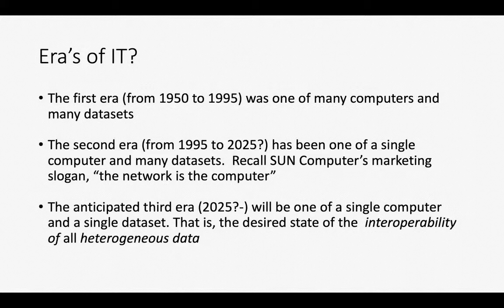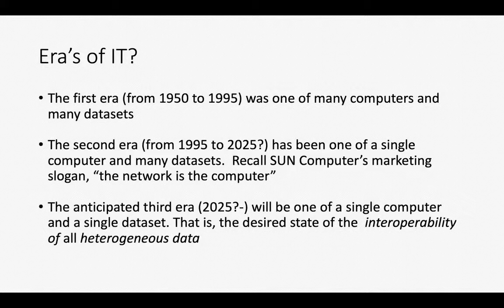In that second era, from 1995 to what will be at least a few more years, there's been one single computer and many data sets. If you remember the Sun marketing slogan, the network is my computer, basically, for the most part, where the computing actually happens is transparent to the user. And in fact, the user doesn't care necessarily where the computing will happen.